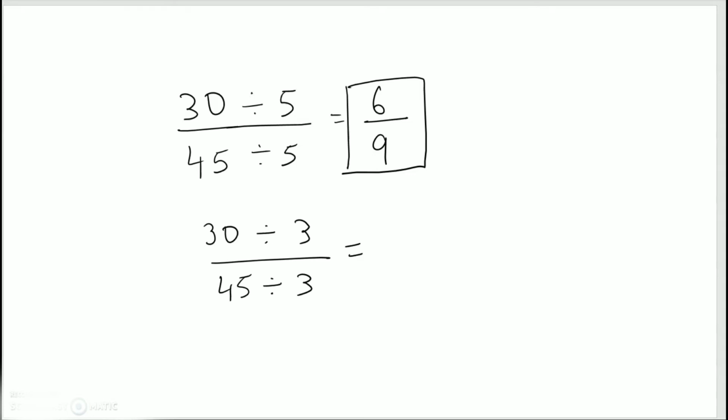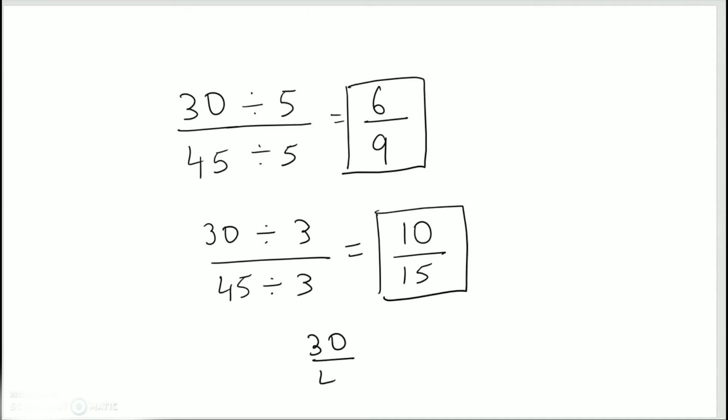Just make sure both numerator and denominator are divisible by the number that you are dividing by. So this is 10 and this is 15. So this is again an equivalent fraction. So I can say that 30/45 is equivalent to 6/9, equal to 10/15. All these fractions represent the same fraction.